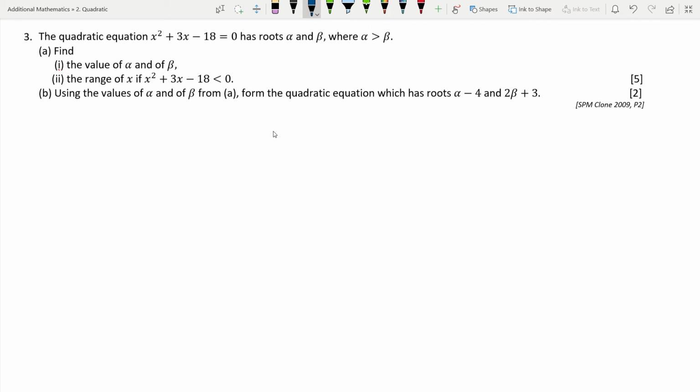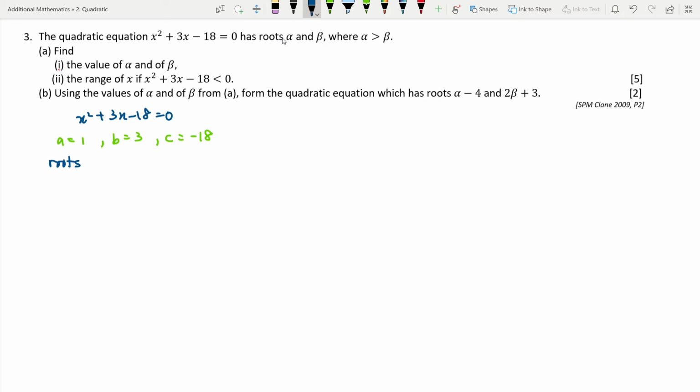Question 3. This is a clone question taken from SPM 2009, paper 2. The quadratic equation x squared plus 3x minus 18 is equal to 0 has roots alpha and beta where alpha is greater than beta. x squared plus 3x minus 18 is equal to 0, where a is equal to 1, b is equal to 3, and c is equal to negative 18.